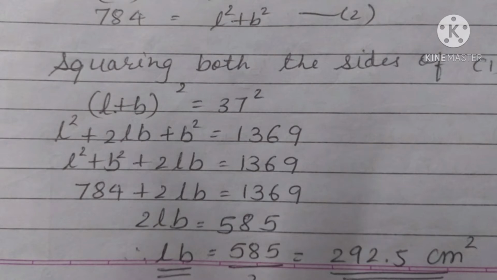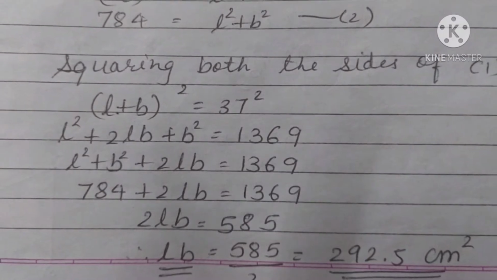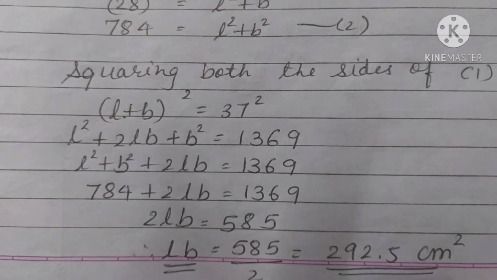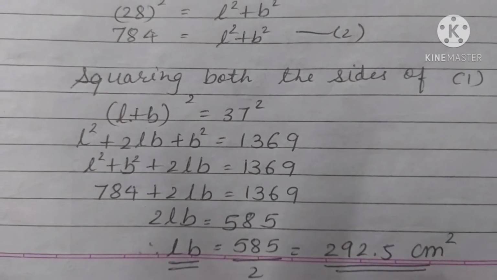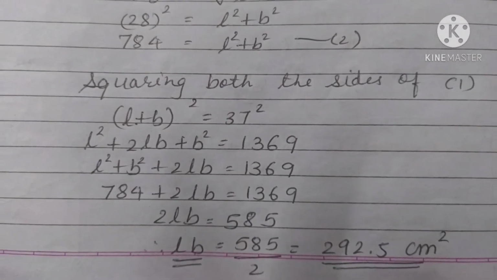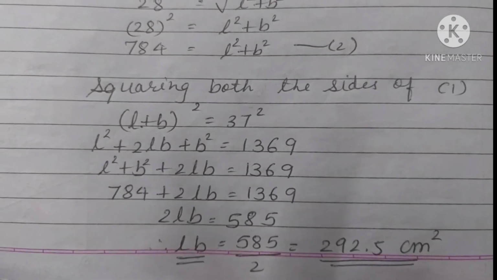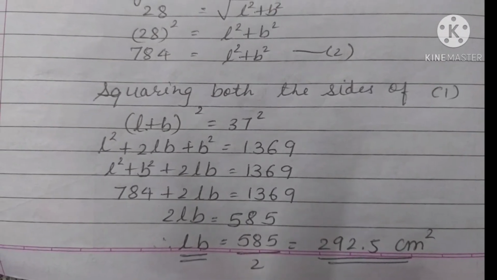So the value of L square plus B square I substitute from our equation number 2, that is 784. So I get 2LB is equal to 1369 minus 784, which is 585. So LB, length multiply breadth, is equal to 585 divided by 2.